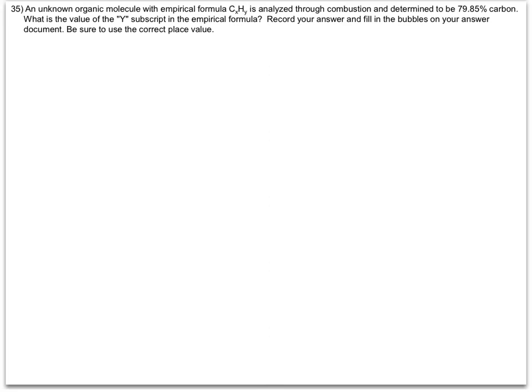But anyways, to start this problem, we know that for carbon we have 79.85%. Remember, the first step is percent to mass. And we know that our other element here is hydrogen. To figure out how much hydrogen there is, we know that this is always out of 100%.